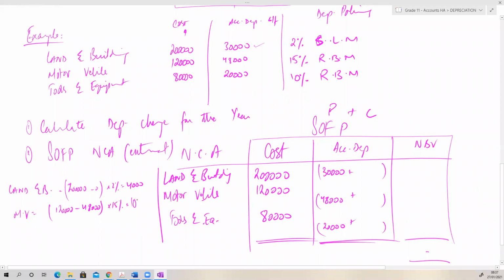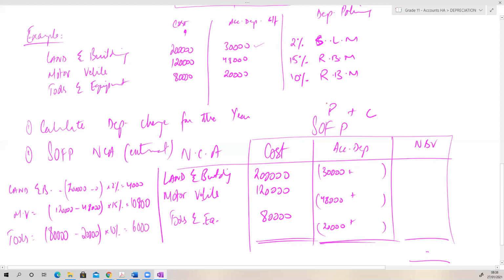Okay, so this is 10,800. Tools is again reducing balance method. 80 minus 20 times 10% is 6,000. So there's the cost.